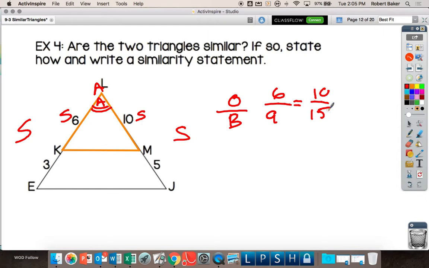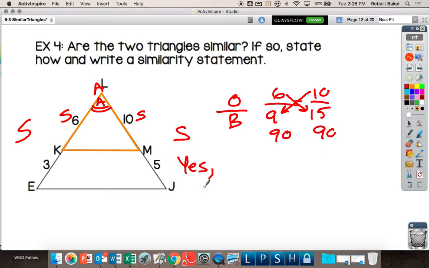Cross multiplying, okay? 6 times 15, 90. 10 times 9, 90. Are those the same number? Yes, their cross products are equal. Those two shapes are proportional. So I can say, yes, they are similar.